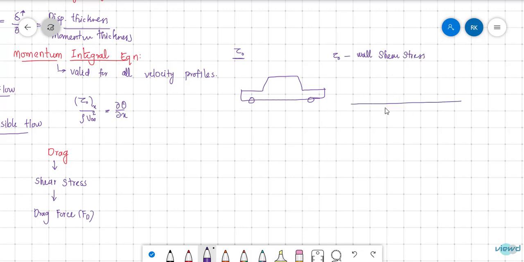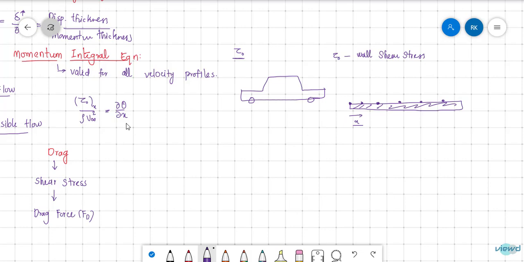If you observe this plate, from here it is x. So here there is a wall shear stress, here there is a different wall shear stress, here there is another wall shear stress, here there is another, here there is another one.